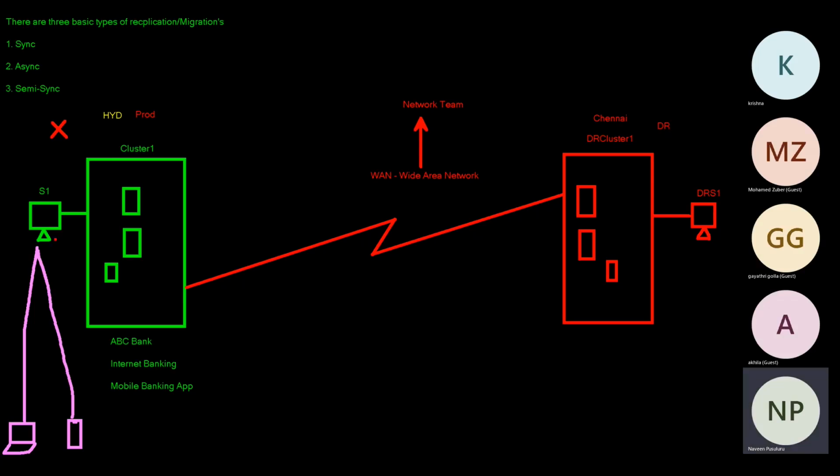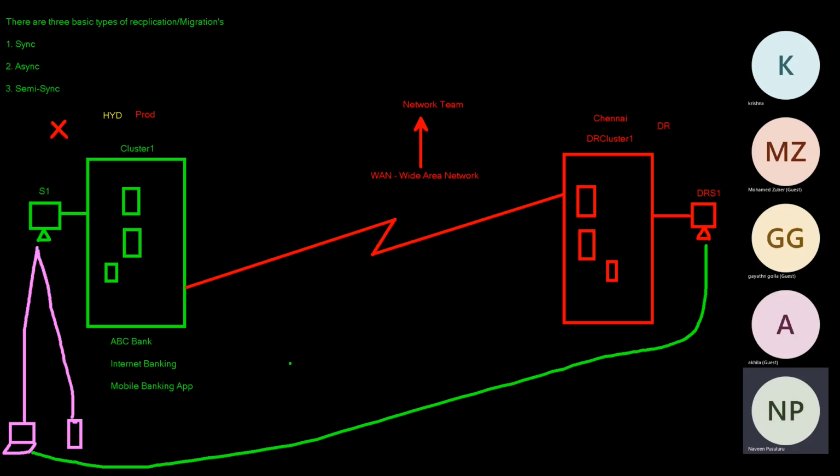So far my clients are accessing this server and storage for internet banking and mobile banking. Whenever a disaster happens, I'll redivert my client access to the server in Chennai, so they'll connect to the server in Chennai.